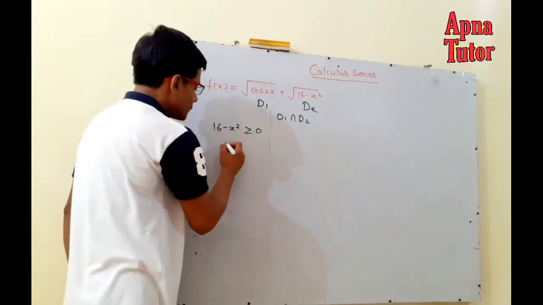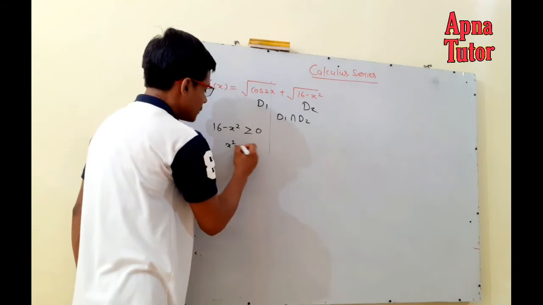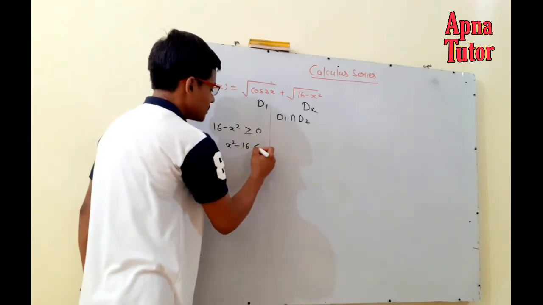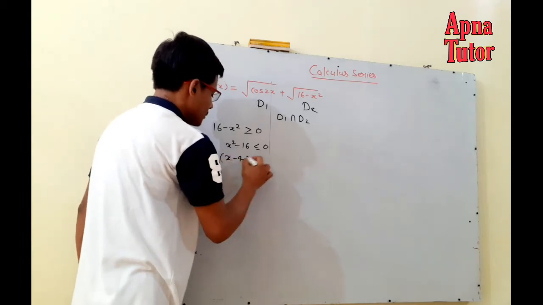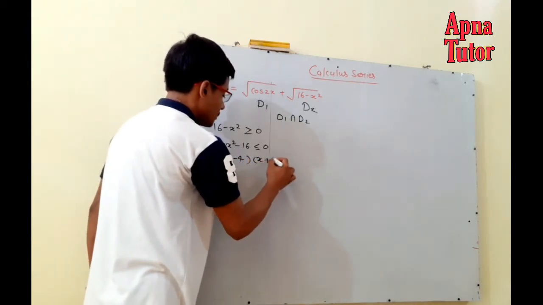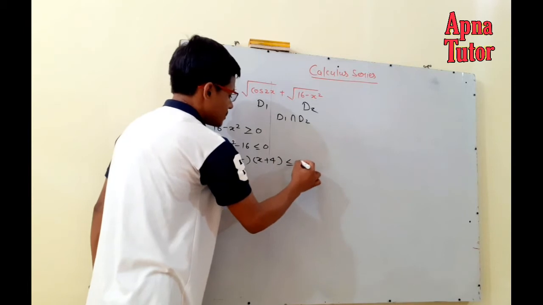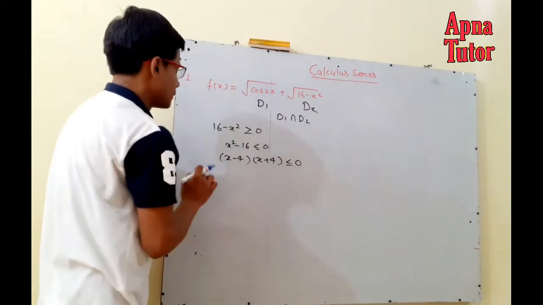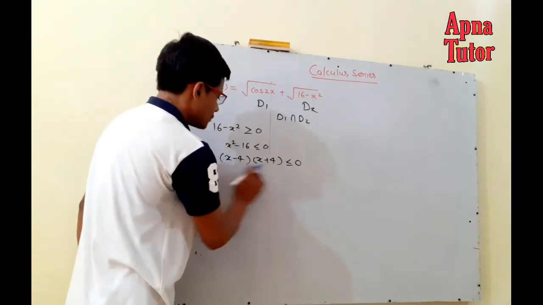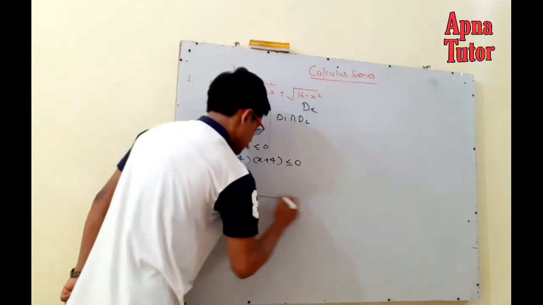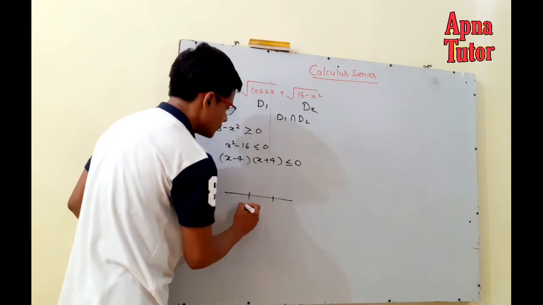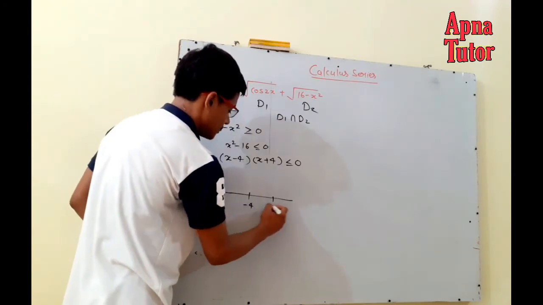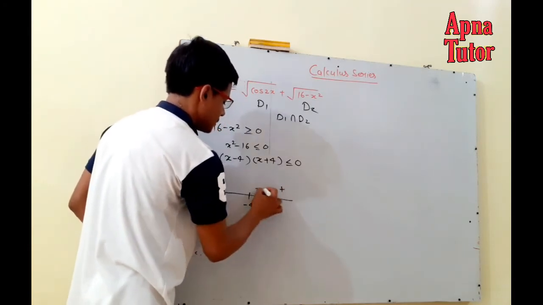On the other hand, you can write x square minus 16 less than or equal to 0, and x minus 4 times x plus 4 must be less than or equal to 0. You can factorize this. The points of inversion are minus 4 and 4, with signs plus, minus, plus.